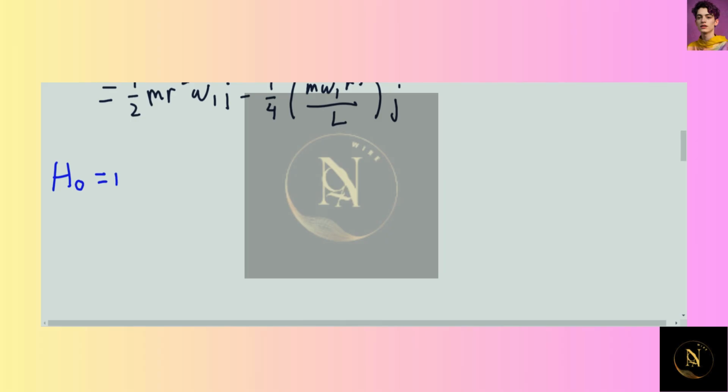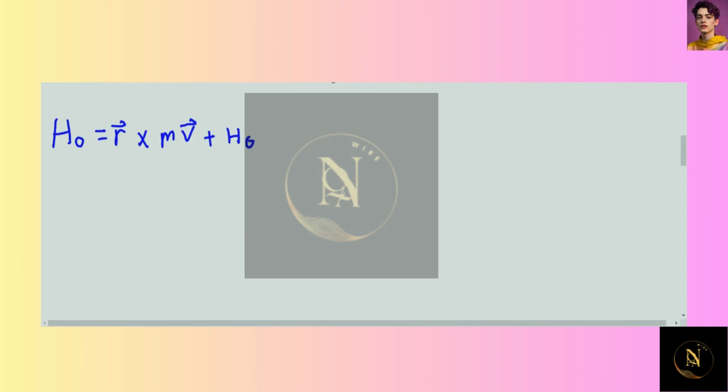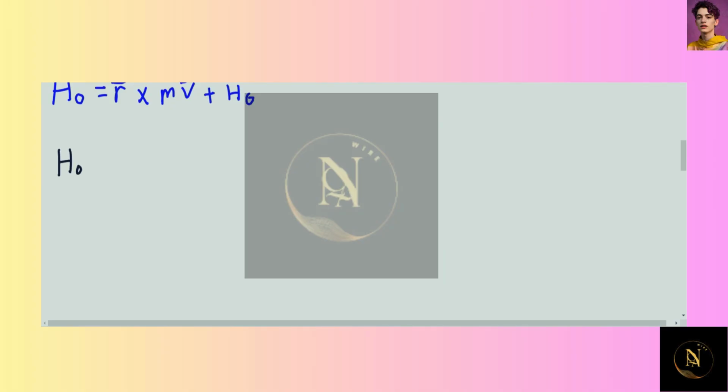H of O is equal to the r position vector cross the mass m times the velocity vector plus H of G. So using what we have, we can now write H of O as L i cross m times omega 1 R k, and then plus H of G.